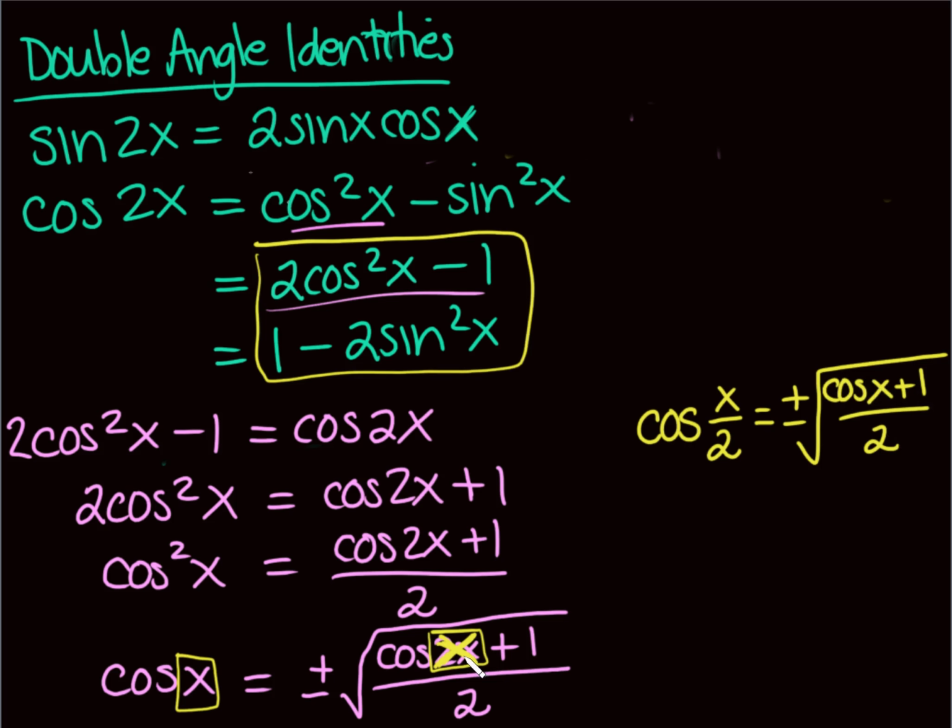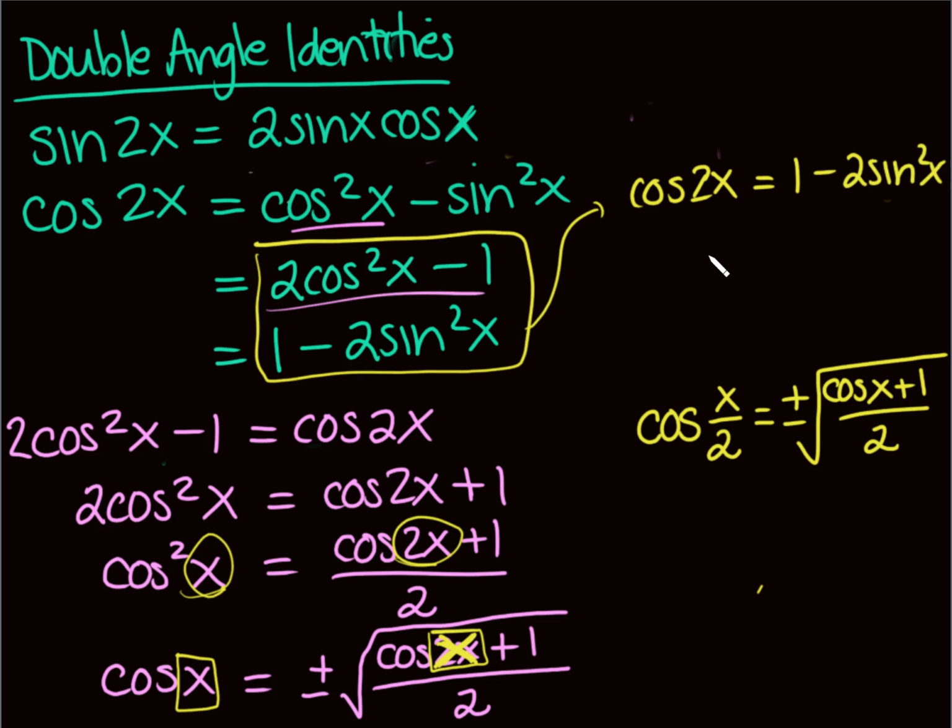Notice this number here is just half of this, so if I replace this guy with the actual x, then we have cosine of x over 2. Now you would do a similar argument for solving for sine. I would solve for sine and then replace with x over 2.